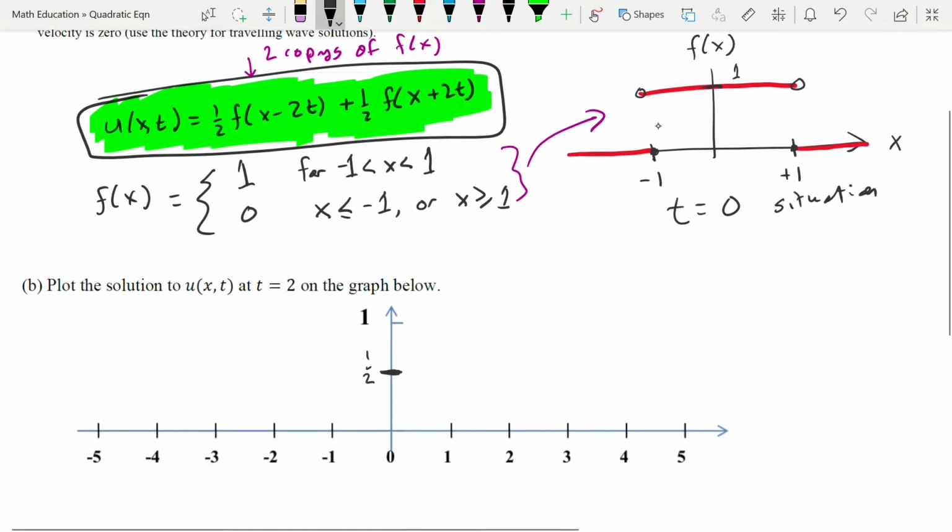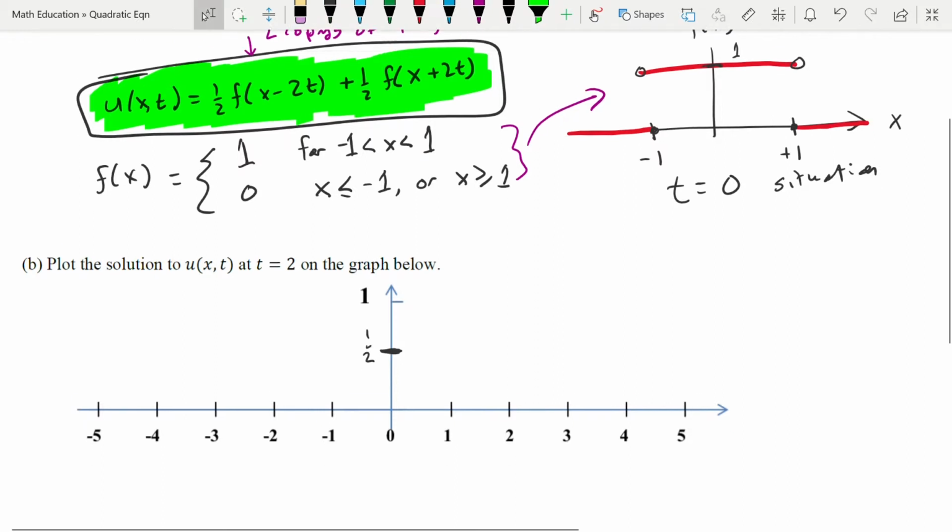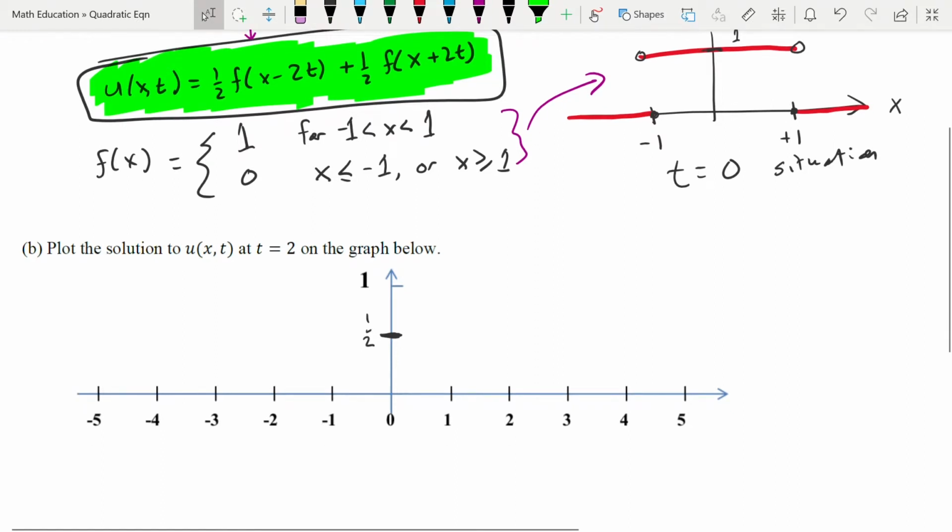Now, instead of being centered at 0, what happens is that at t is equal to 2, the 0 for this function gets shifted to a -4. So we've got something that's centered around -4. This is the new x is equal to 0 for the x plus 2t branch.